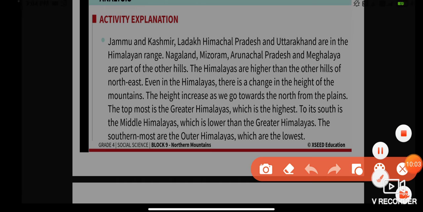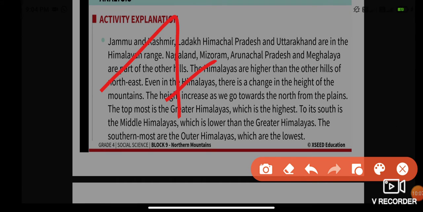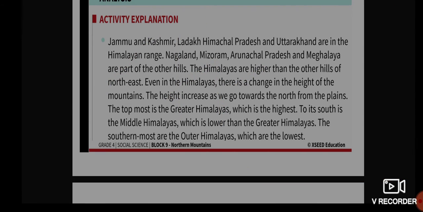Even in the Himalayas, there is change. Some mountains are high, some mountains are low. Some mountains have higher altitude, some have lower altitude, even in the Himalayas. The height increases as we go towards the north from the plain. The topmost is the Greater Himalayas, which is the highest.